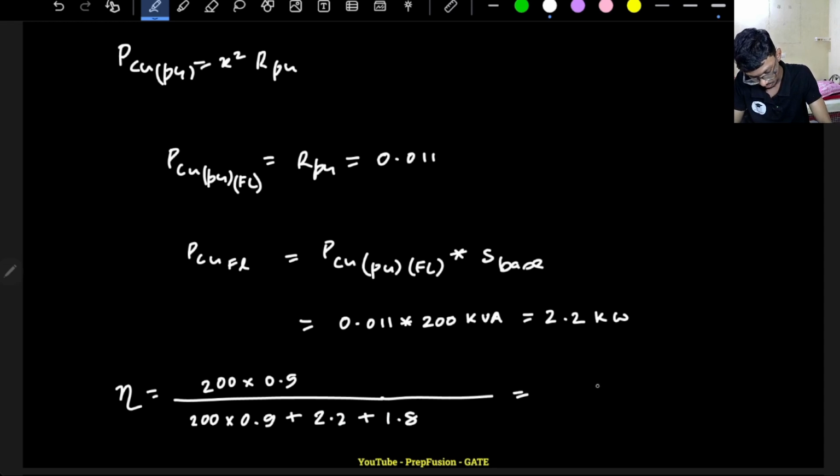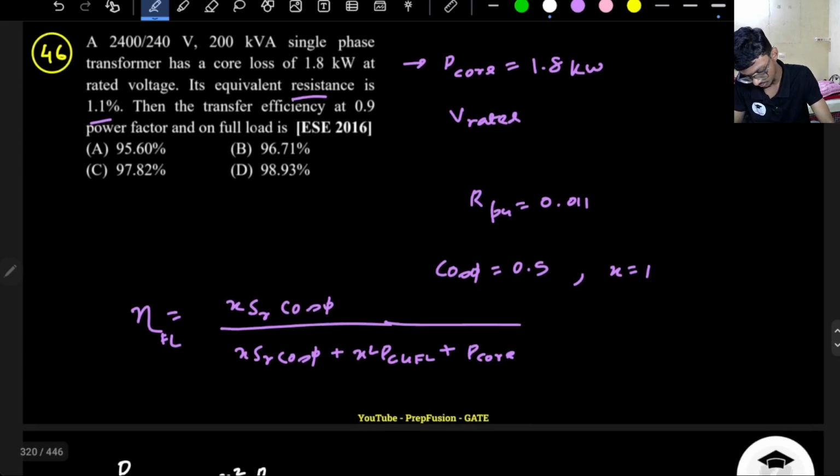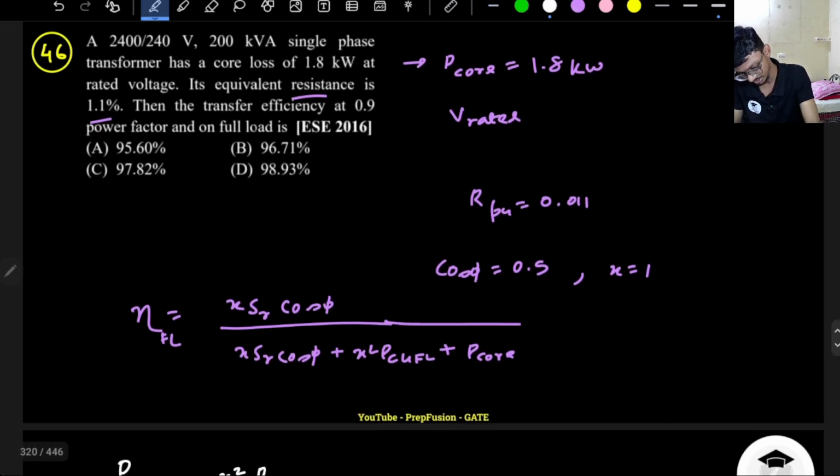So this is 180 upon 180 plus 4, so 184. So this value will come out to be 0.9782, and they have asked in percentage, so it will be 97.82 percentage.